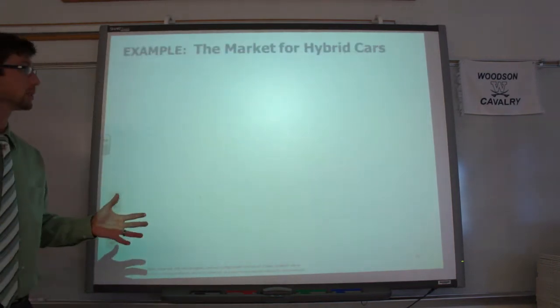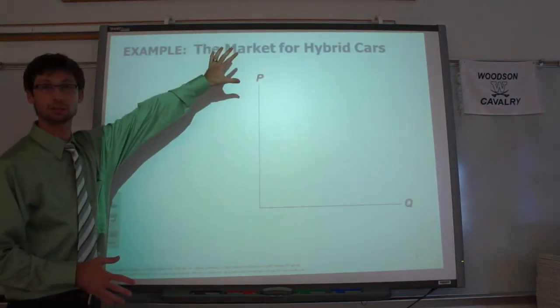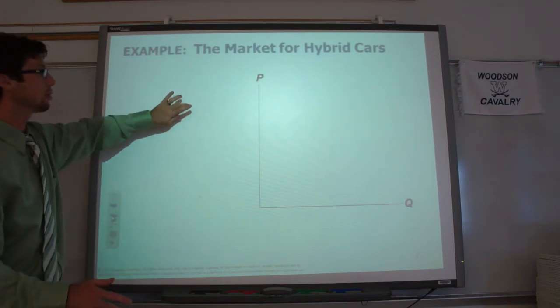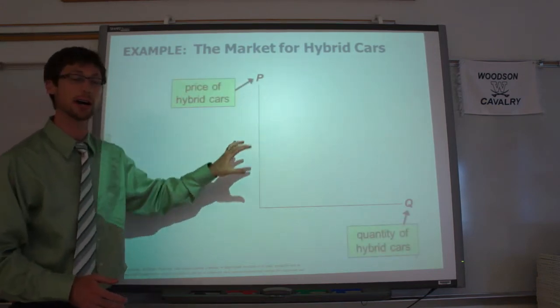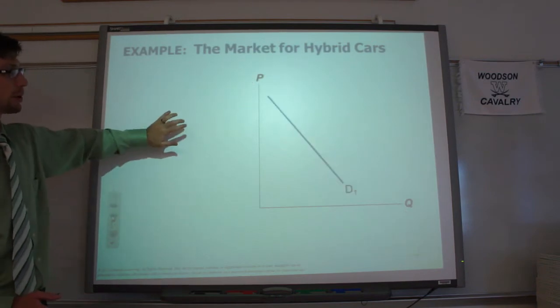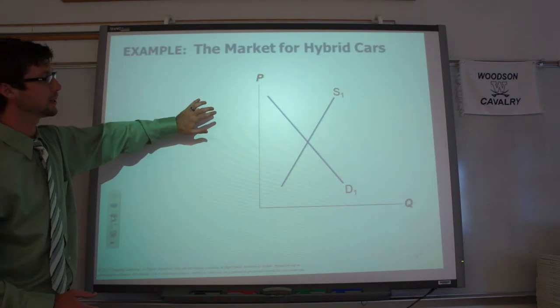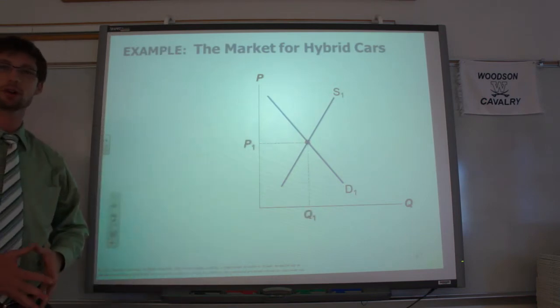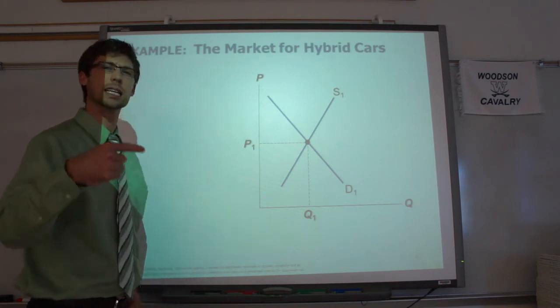So let's practice. First market we're talking about is for hybrid vehicles. Things that are more fuel efficient than your ordinary vehicle. You have price, you have quantity, and again, price and quantity of hybrid vehicles. First curve that we want to draw, downward sloping demand. Second curve, upward sloping supply. And we have our original equilibrium. This is the price where the market clears.